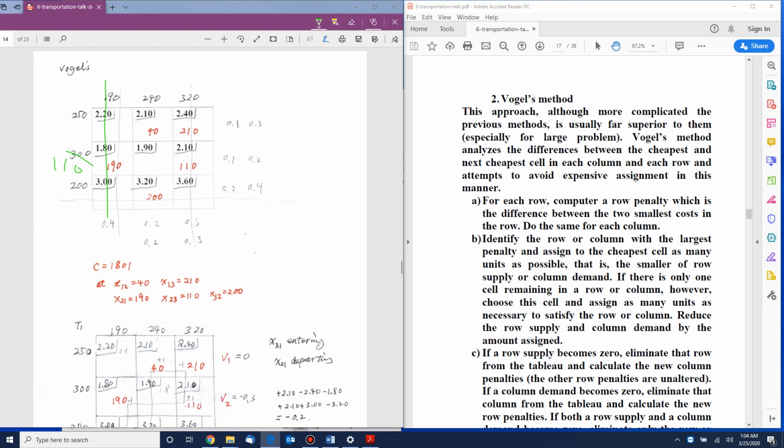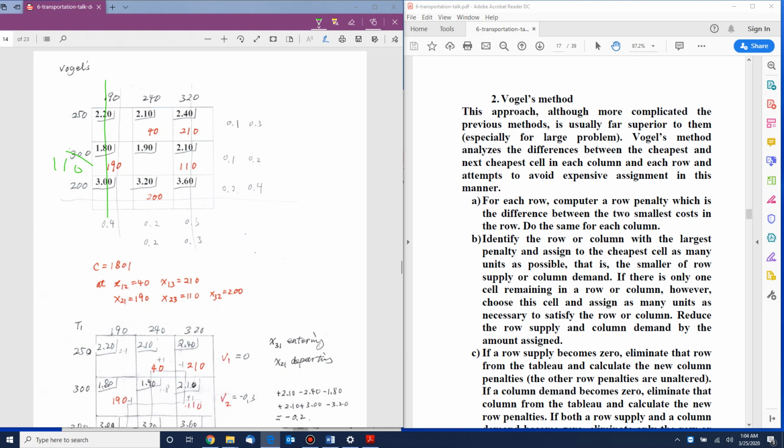Okay, now we are going to work on the third row. You could see here there are no changes in the difference between the cheapest prices.